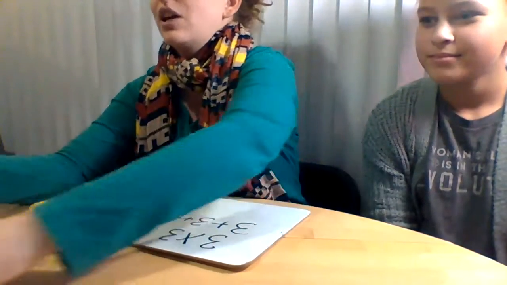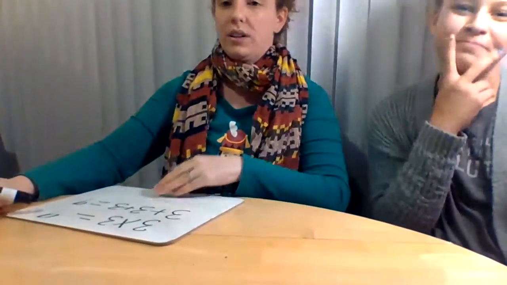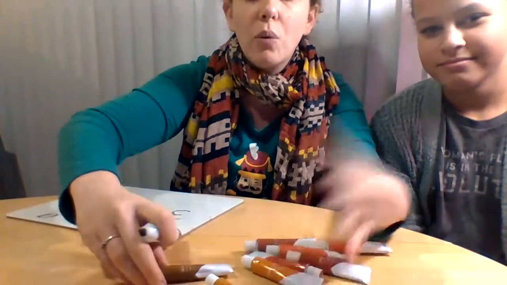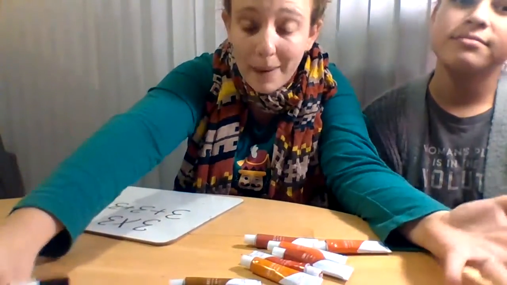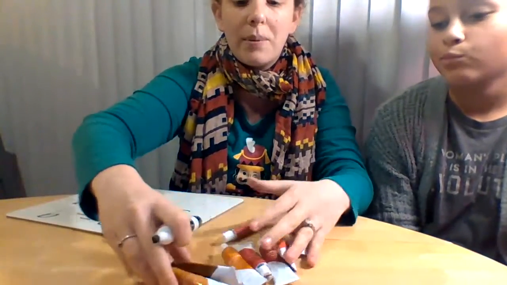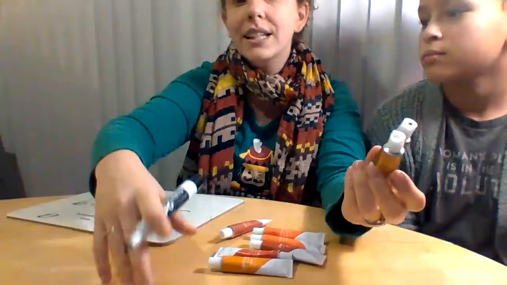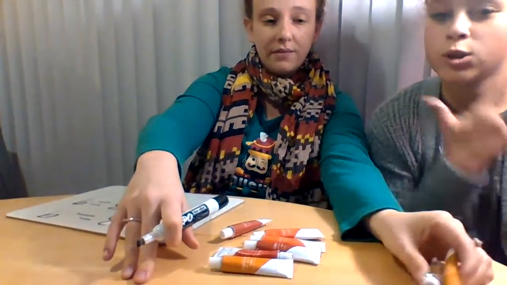Okay, let's try something else. Let's say we wanted to get crafty, Aubrie. What might you want to use? Paint. Right, so here we have some little tubes of paint. So what if we wanted to share the paint? Let's say we want to have 4 friends have paint.